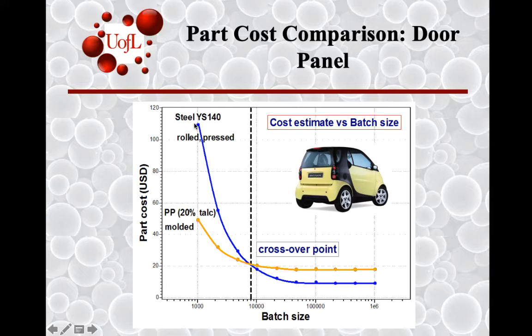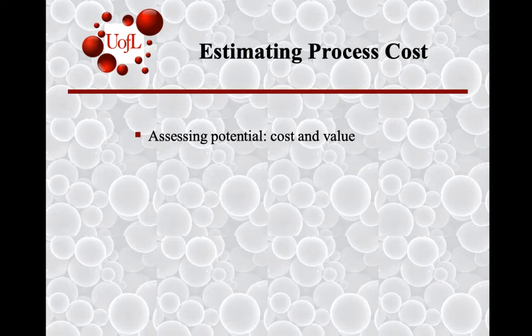Steel fabricated by roll pressing was the better alternative for small quantities for the door panel compared to the thermoplastic that was molded. But as you went to higher and higher manufacturing batch sizes, there was a crossover at which point the molded thermoplastic turned out to be a better choice.